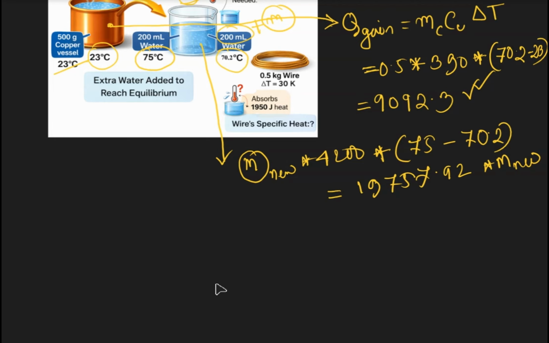By using the calorimetric formula, this is the heat gain, right?